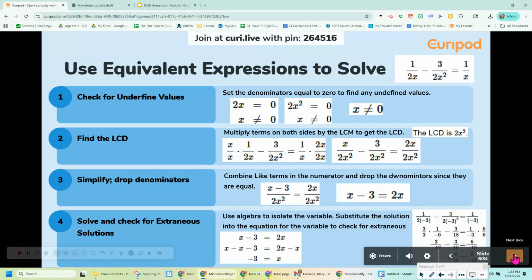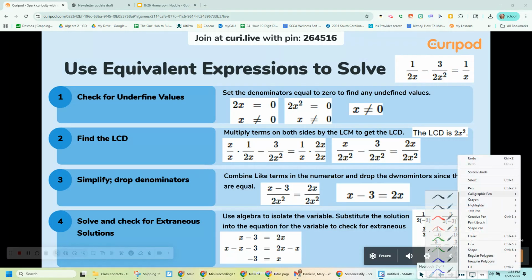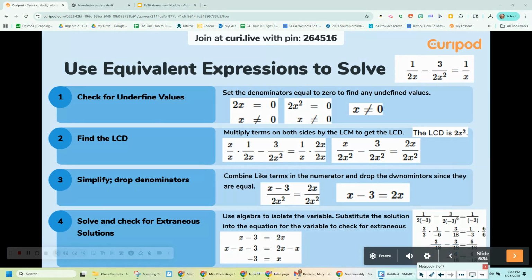So setting each of the denominators, 2x equals 0, 2x squared equals 0, and x equal to 0, we would actually want to find which ones do not equal 0. So if we solve for x in each of these expressions, if I divide by 2 on both sides, I get x equal to 0.